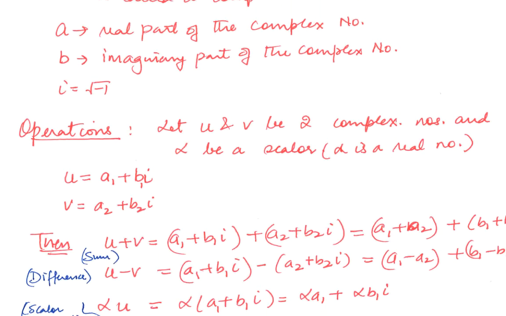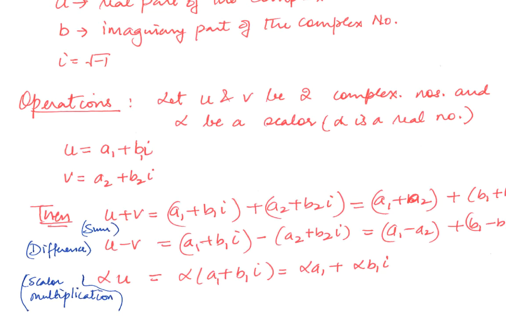Okay, let's look at some operations on the complex numbers. If I have two complex numbers, and alpha is a scalar, which can be real, then when you add two complex numbers, say u is a1 plus b1i, v is a2 plus b2i, then adding them is a1 plus b1i plus a2 plus b2i, basically adding the like terms.